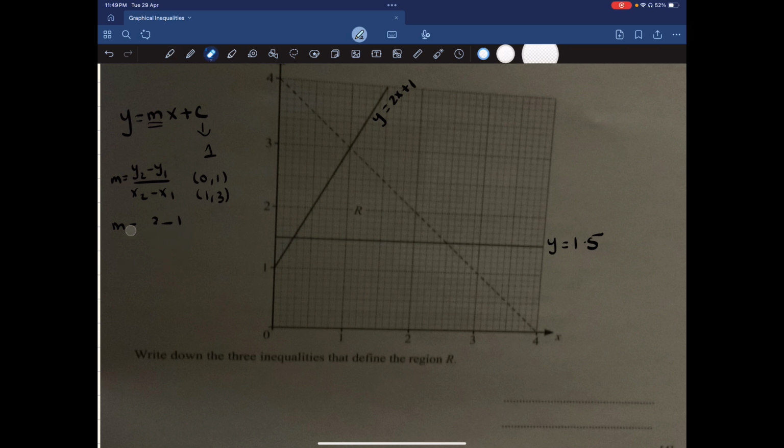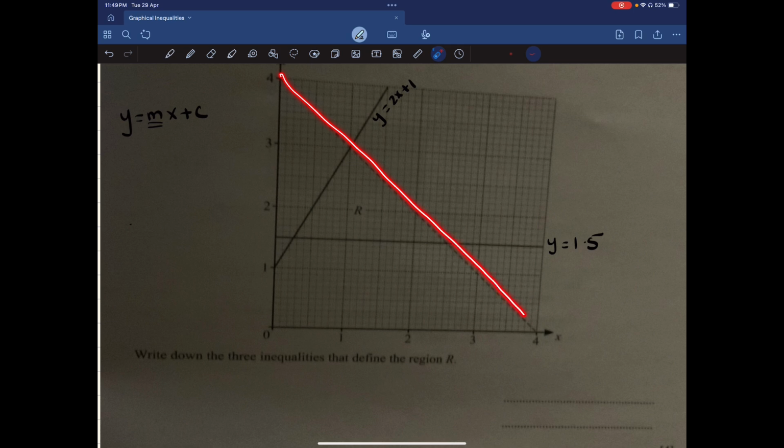Okay? And now similarly for the broken line or the dashed line, we are now going to figure out the equation for this line. C is 4. Okay? Let's find the gradient. Let's choose any 2 points. So I'm going to choose 0, 4 and 4, 0. Easy points. 0, 4 and 4, 0. So what is the gradient?